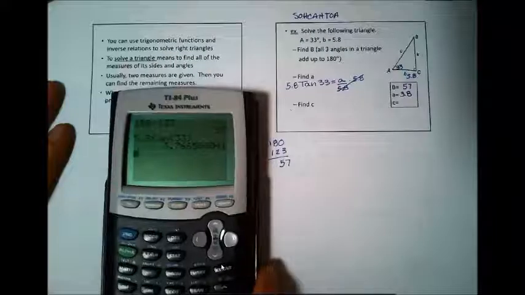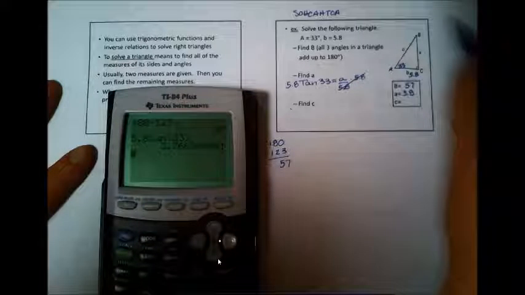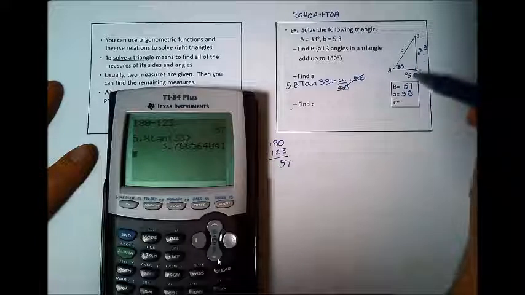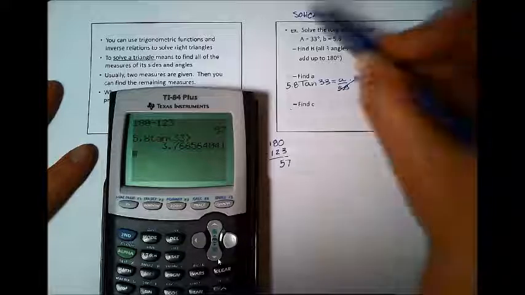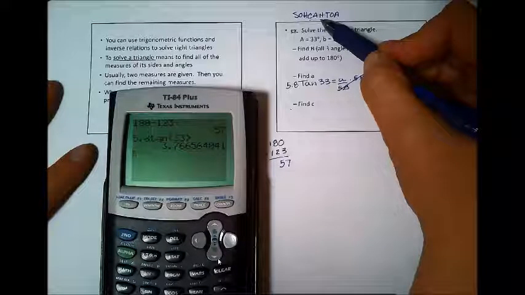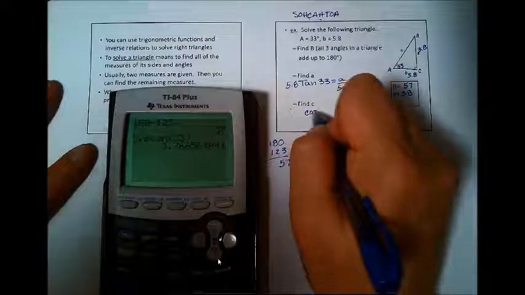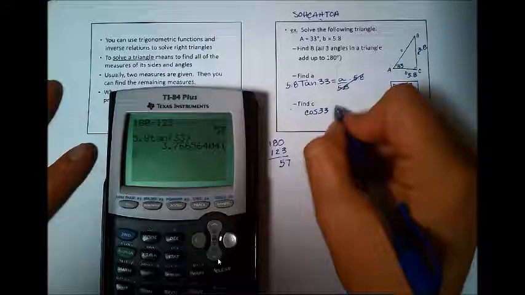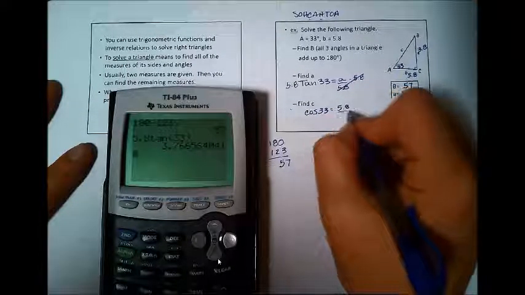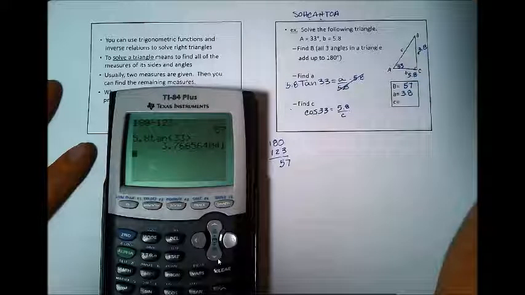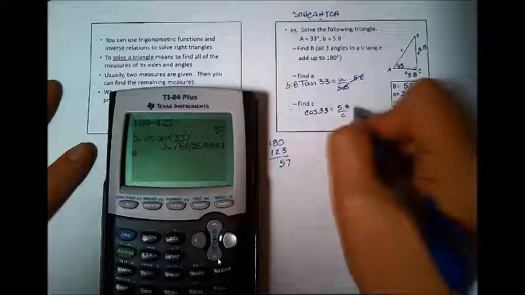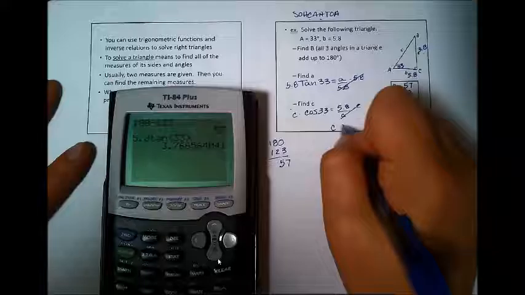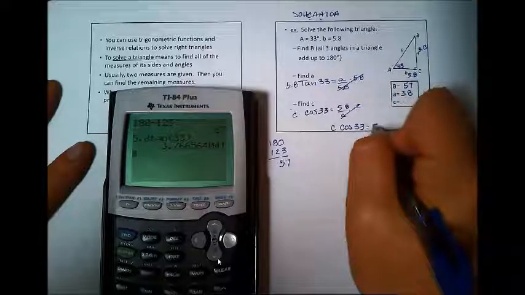All right, then we find C. For C, that's the hypotenuse. Let me write 3.8 over here. The hypotenuse and the adjacent, we're going to use cosine. So we say cosine 33 equals the adjacent, so that's 5.8 over C, which we're going to have to times by C to get it off the bottom, and we get C cosine 33 equals 5.8.